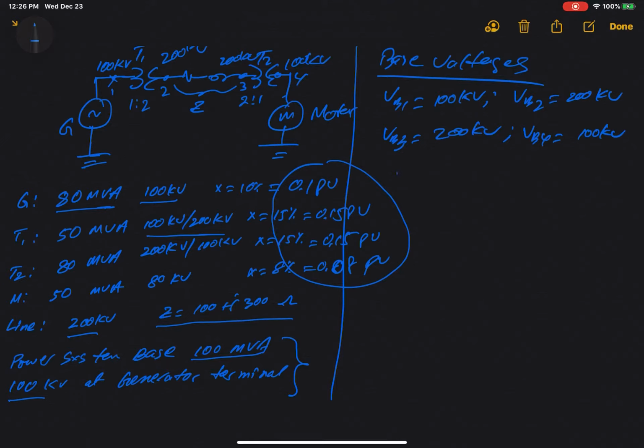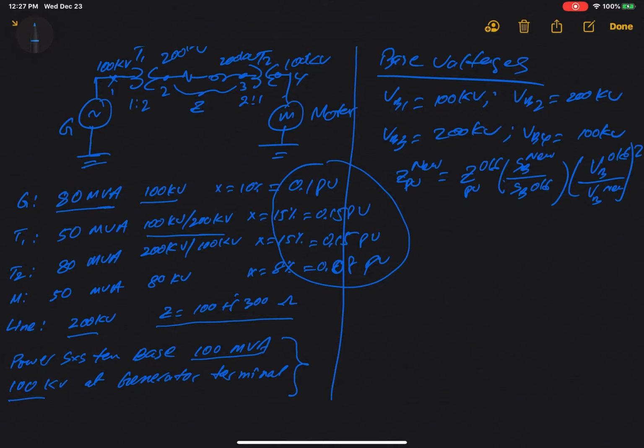As you know, if you remember, the equation was Z per unit new equals Z per unit old, times S base new over S base old, times V base old over V base new, squared, right? That's the equation.